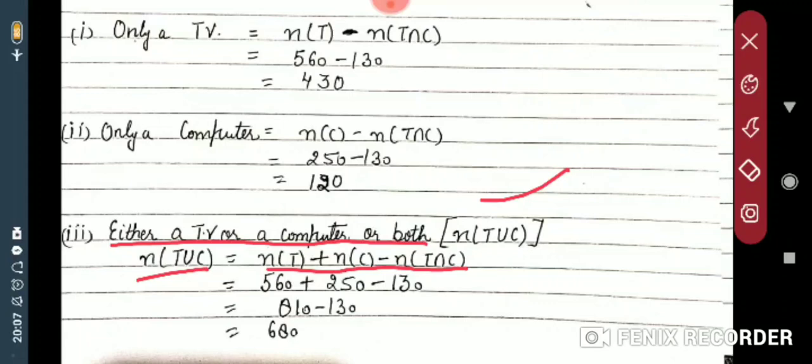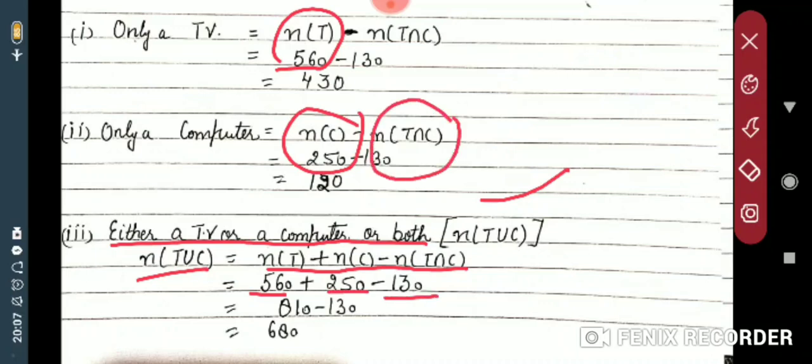What is the value of n(T)? 560 as given in the question. What is the value of n(C)? 250 as given in the question. And what is the value of n(T intersection C)? 130 as given in the question. So you will add both. 560 plus 250, what you will get? 810 minus 130 and you will get 680.